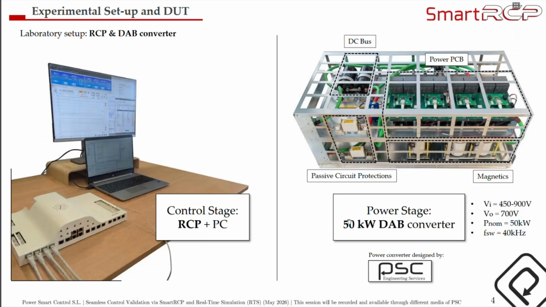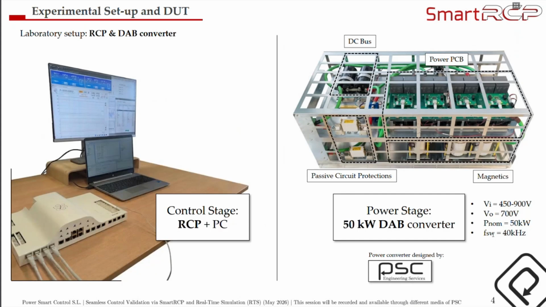It's a 50 kilowatt prototype that we have designed here in PSC, in Power Smart Control, by our engineering team. This image also displays the main components of the converter, for example, the DC bus, the power PCB, the magnetics, and all the passives, protections, etc. And also here you can see the main specifications on voltage, power, and switching frequency of the unit.